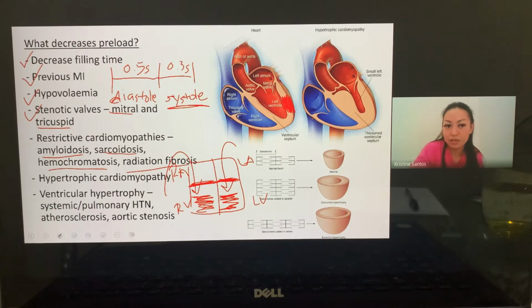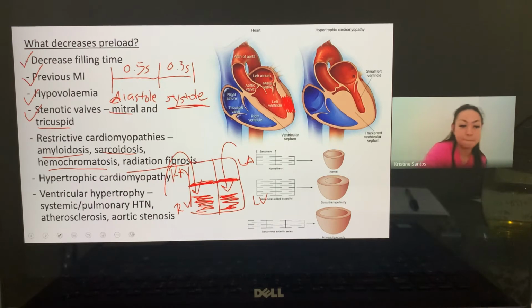So we're going to decrease our preload as well if we have these things going on. Radiation fibrosis is similar to the mechanism of an MI. If we have fibrosis because of radiation, we have scar tissue. Scar tissue doesn't stretch. So if we have fibrosis or scarring of the myocardium, it's not going to stretch out so much, so it's not going to fill so much. We're going to decrease the preload.